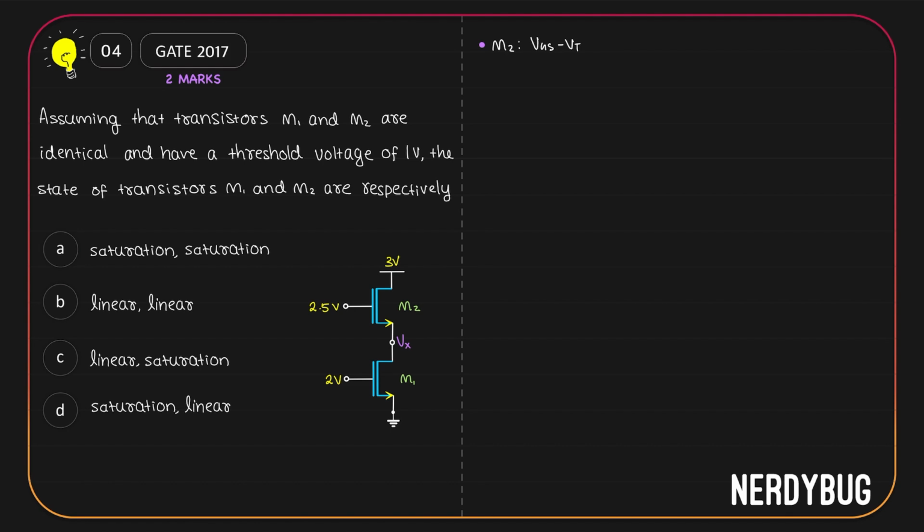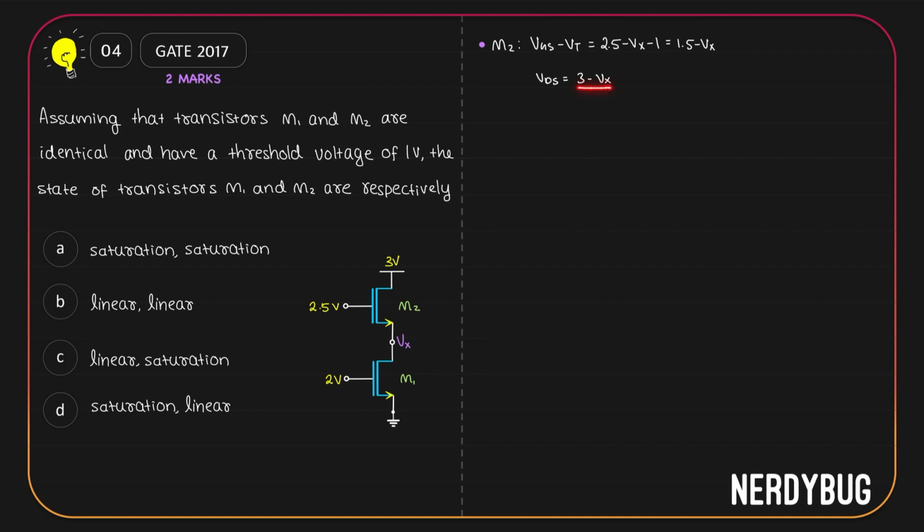Threshold voltage according to the question is 1. So VGS minus VT will be 2.5 minus Vx minus 1, which is 1.5 minus Vx. Now, what will be VDS? For the second MOSFET, drain voltage is 3 volt. Source voltage is Vx. So VDS, or VD minus Vx, will be 3 minus Vx.